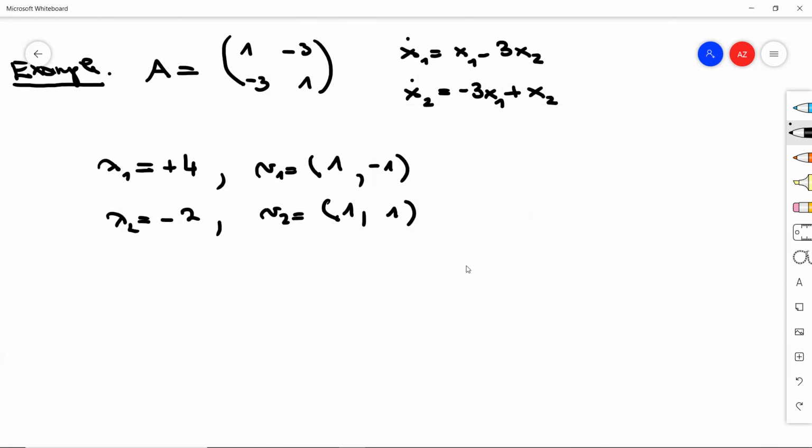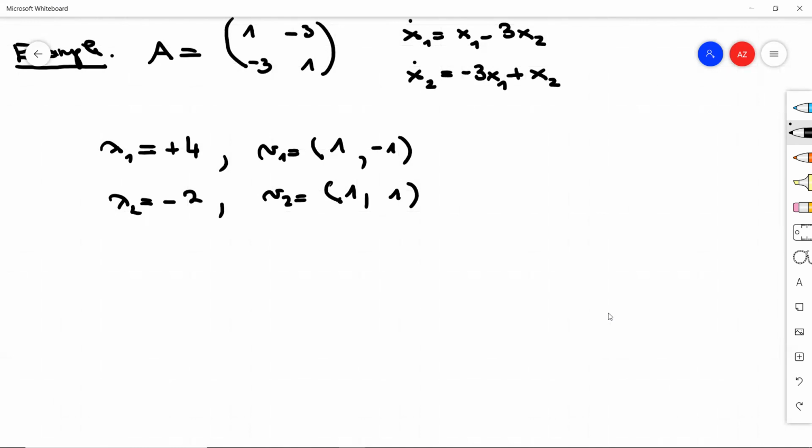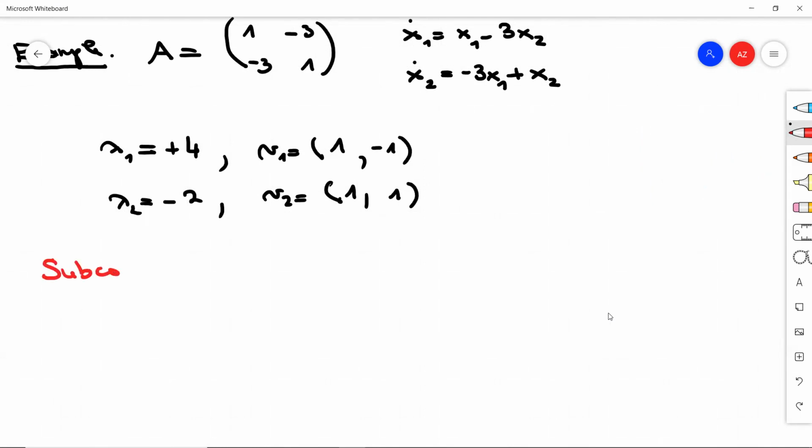Okay, and there are 2 interesting phase portraits remaining for the cases where the eigenvalues are complex conjugate. So we have now case 2, and then we have 2 subcases.